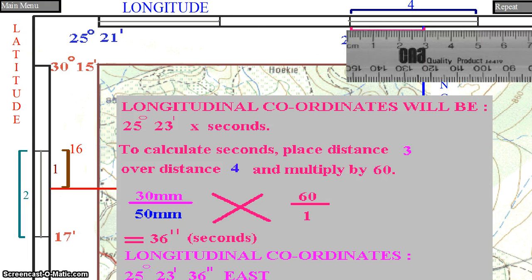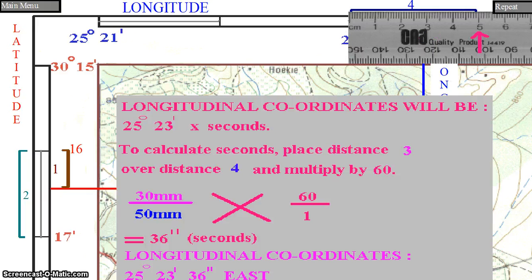Distance 3 is equal to 30 millimeters or 3 centimeters. Distance 4 is equal to 50 millimeters or 5 centimeters.